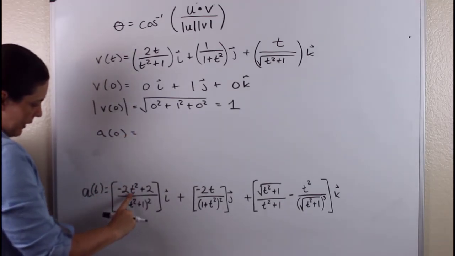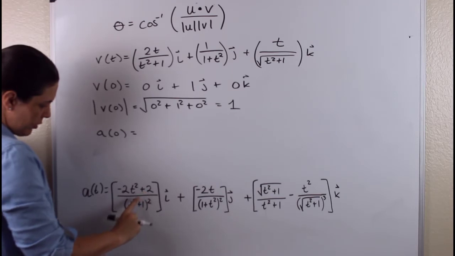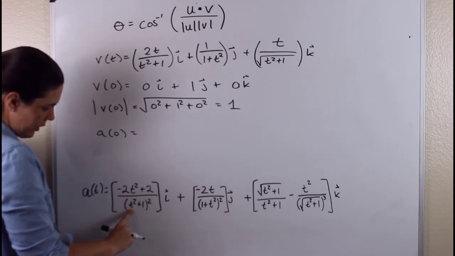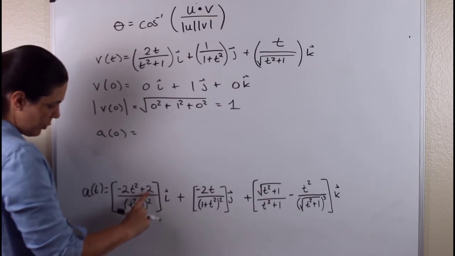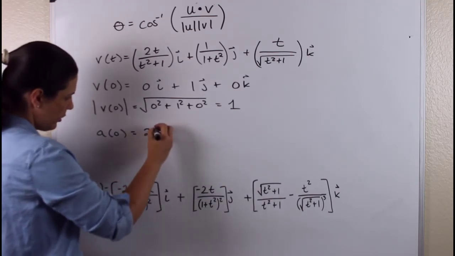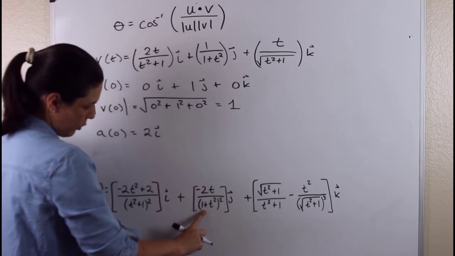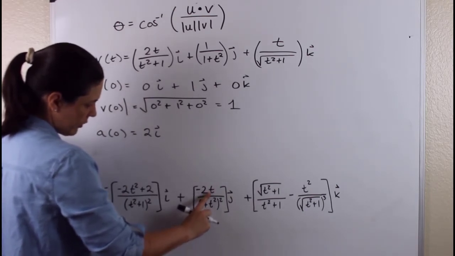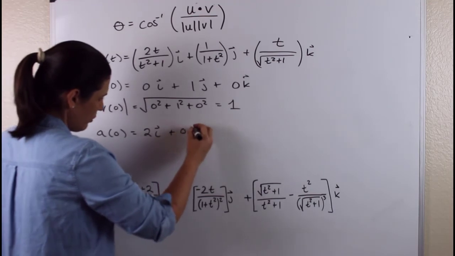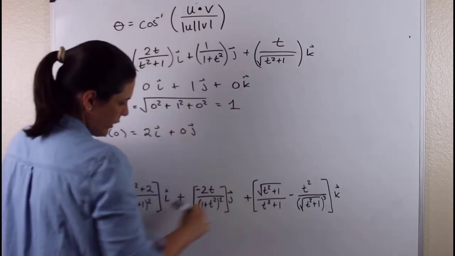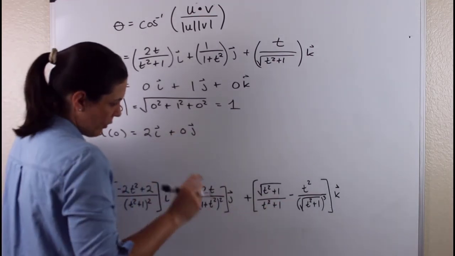On top, I'm going to be left with 0 plus 2. On bottom, this is going to be 0 plus 1 squared, so 1. So we just have 2 over 1, so it's 2i. Right here, the bottom is going to be 1 plus 0, and the top is going to be 0, so that's 0j.